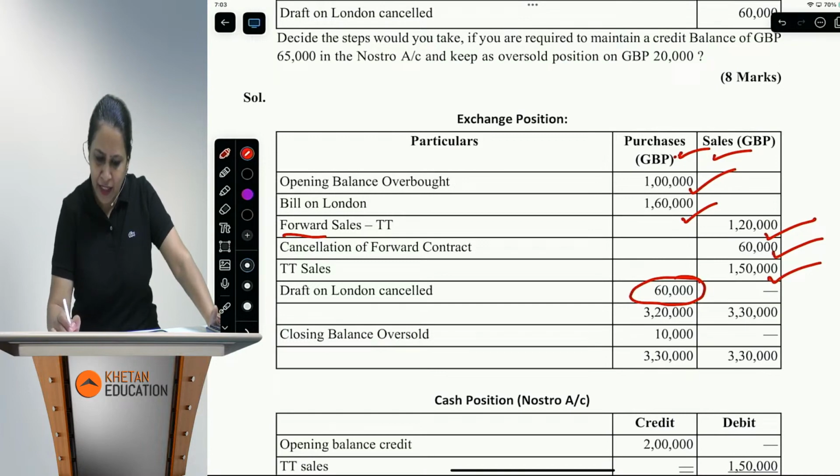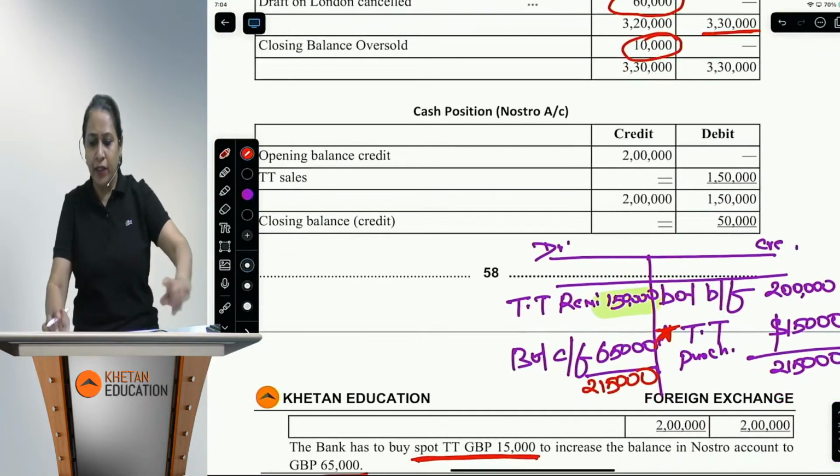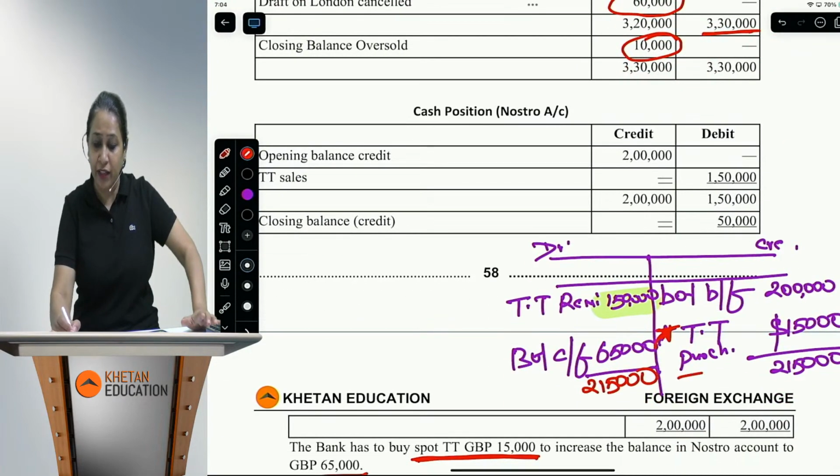Okay, so the balance is, guys, 330 and 320. So the closing balance oversold means 10,000 is more here. So balance carried forward, oversold position is by 10,000. But never forget that 15,000 that you took entry here, this 15,000 needs to be adjusted there also.